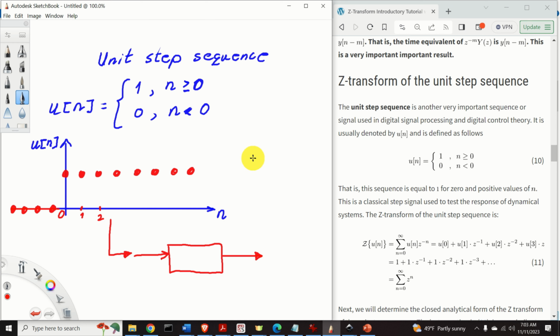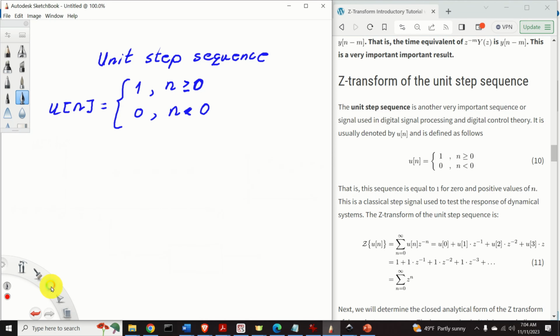For stable systems, the output will look like this. It will have an oscillatory behavior, and then it will settle down.